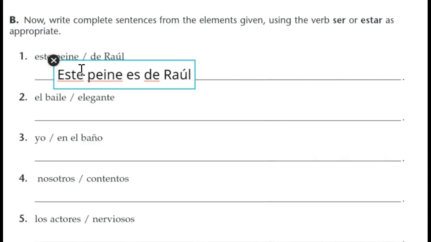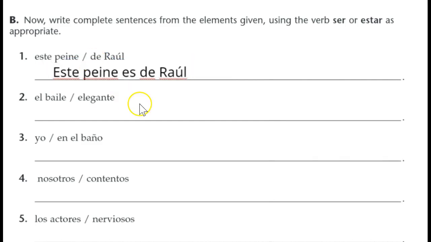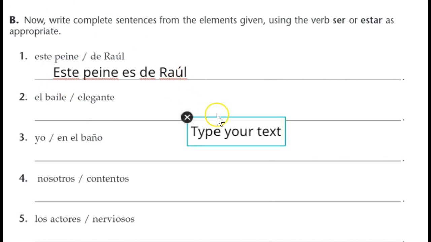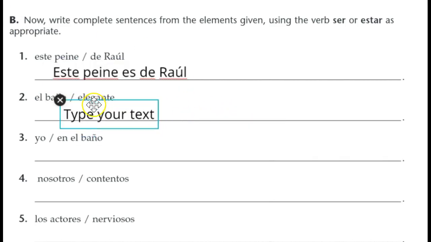Okay? Because the de gives it away. It's possessions, ownership. El baile, okay, it is elegant. All right, the dance is elegant, it's formal. So again, it's kind of talking about what it is. El baile es elegante.